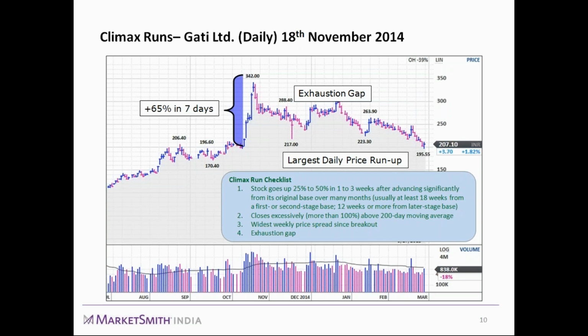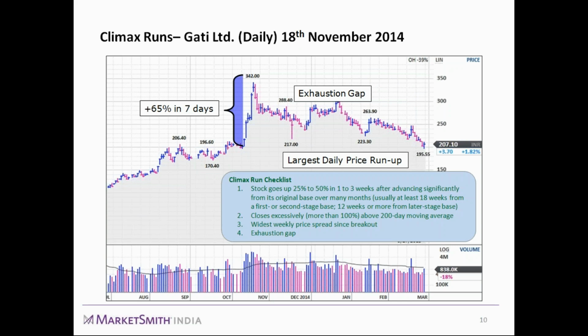It has been rallying from its original base of the first stage for several months, so at least 18 weeks. Or if you're looking at something beyond second stage base, at least 12 weeks the stock has been rallying, and then over a span of 1 to 3 weeks it goes up significantly, 25 to 50%.